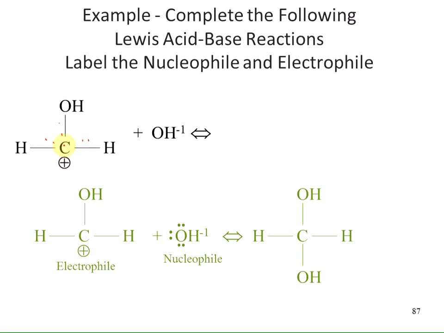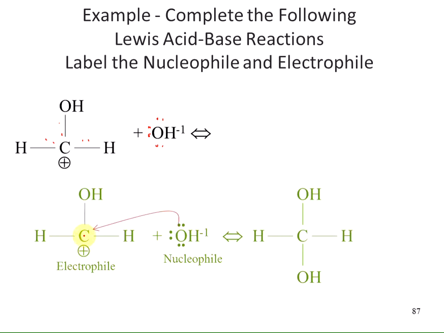And here we also have a hydroxide. The hydroxide is a nucleophile. It has a lone pair on it. It actually has 3 lone pairs, but we're going to show one of these electron pairs, and it goes and attacks that carbon center, which is electron deficient.